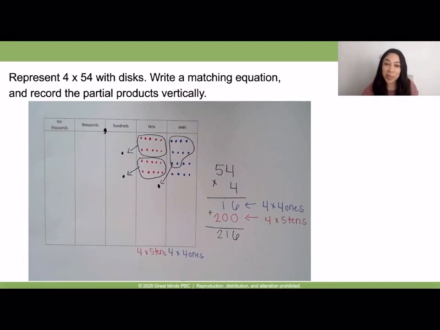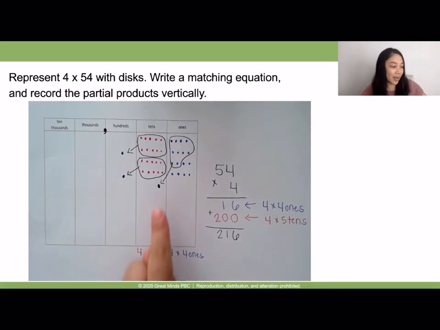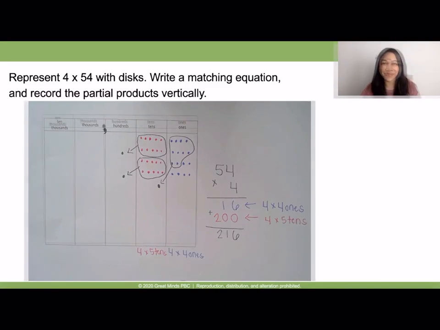What value is represented in our place value chart? 2 hundreds, 1 ten, and 6 ones. That equals 216, which is our product. Excellent work. Let's keep going.